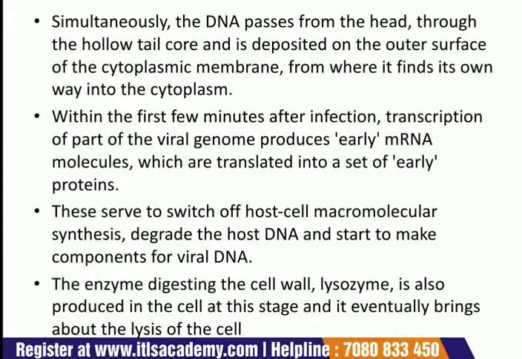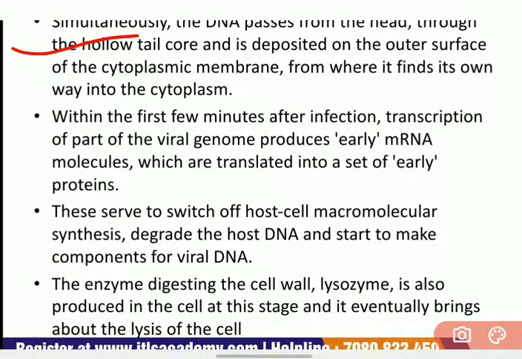Simultaneously, the DNA passes from the head through the hollow tail core and is deposited on the outer surface of the cytoplasmic membrane, from where it finds its own way into the cytoplasm. The phage protein coat remains on the outside of the cell and plays no further part in the replication cycle.